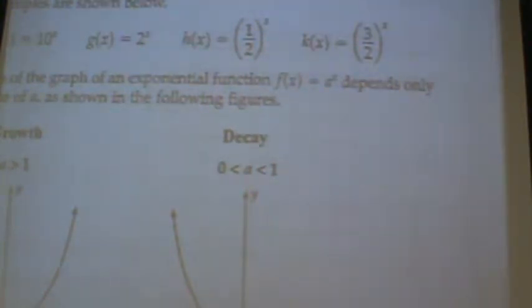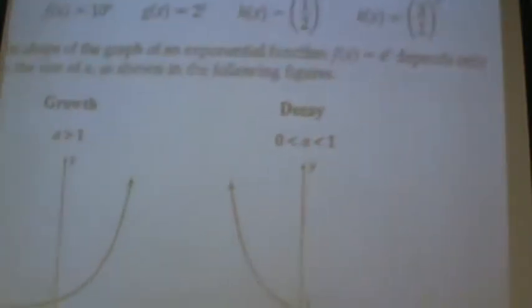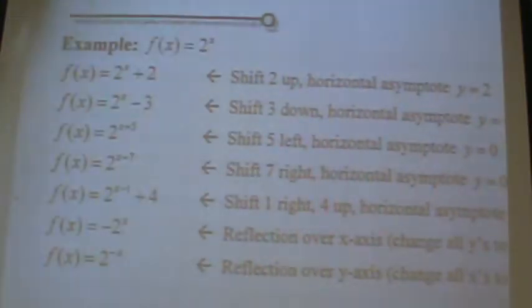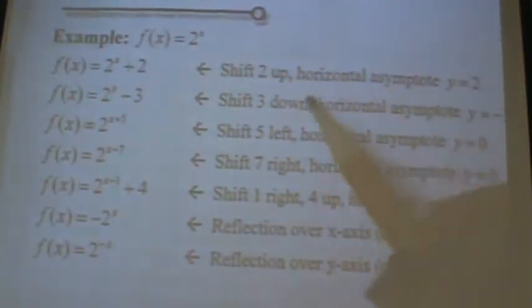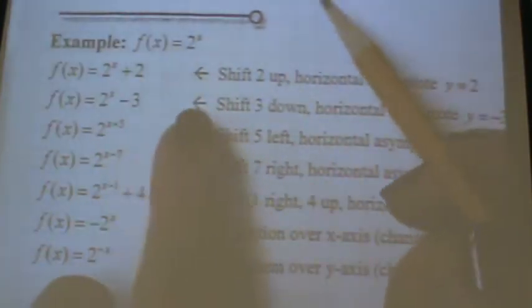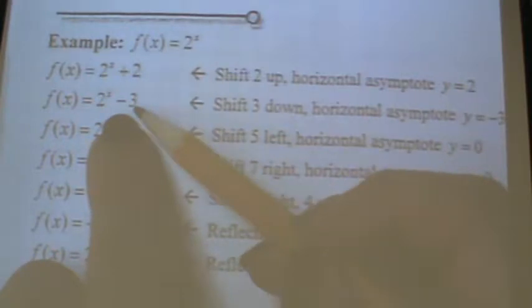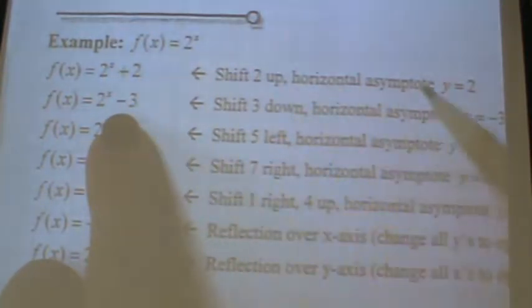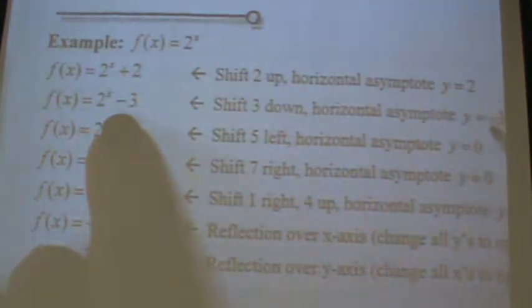Okay, so we are going to build on stuff we learned from chapter 3, the transformation stuff. We have a parent function. Let's just run through these. If you see a number outside of the base, this is going to be a shift up or down.